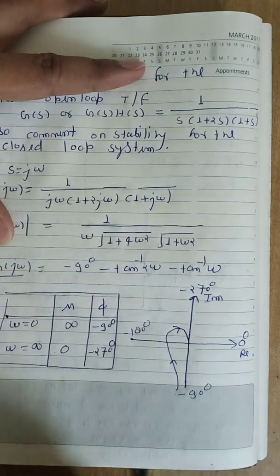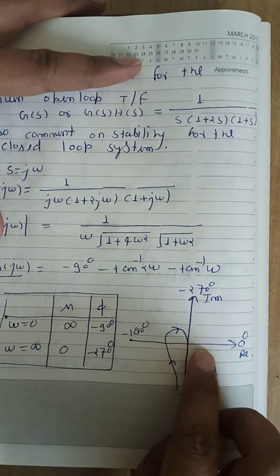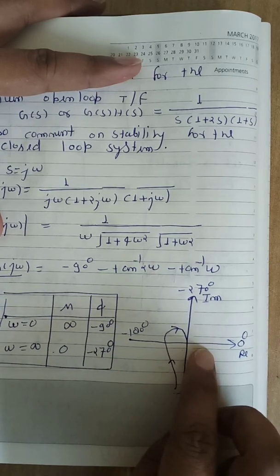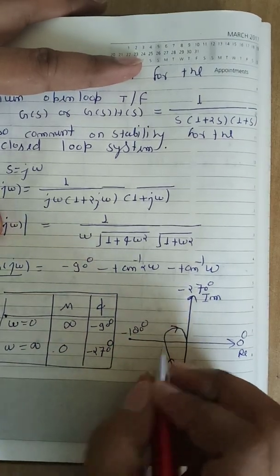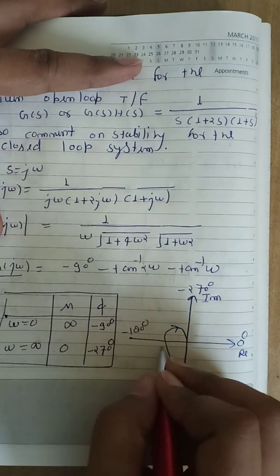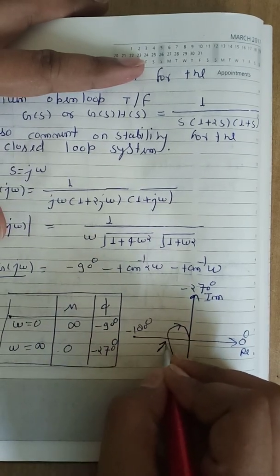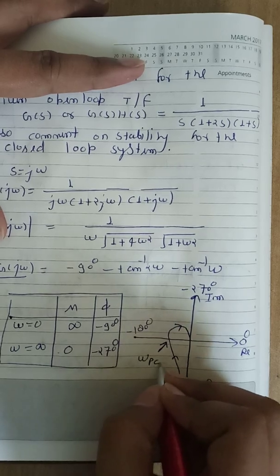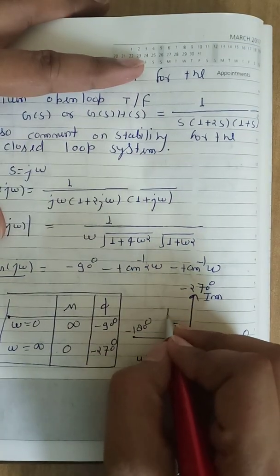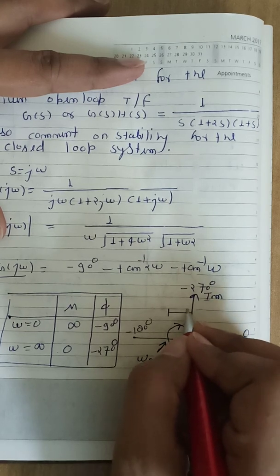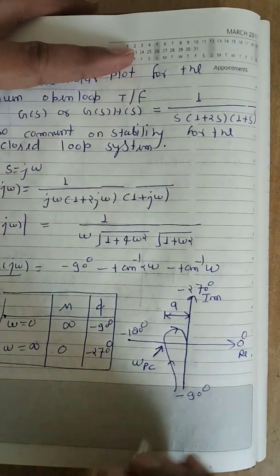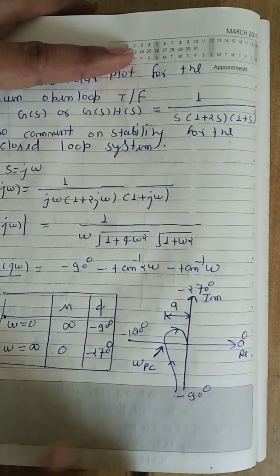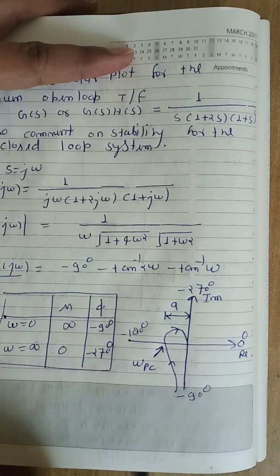So here polar plot will intersect with the negative real axis. So frequency at this point will define phase crossover frequency, and this value we can consider A. Already we calculated value of frequency at intersection point.